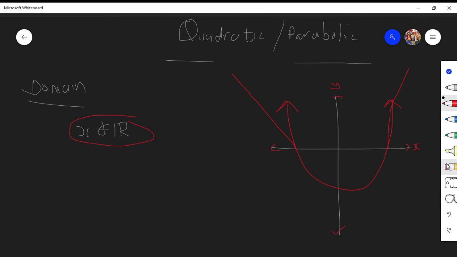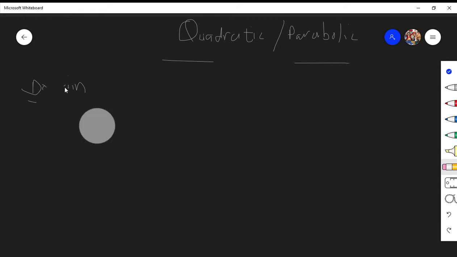Now, dealing with our range is a bit different compared to our domain. Domain represents the x values that the graph touches, and range represents the y values that the graph would touch. So as you can see, our range is a bit restricted when we deal with a quadratic graph.